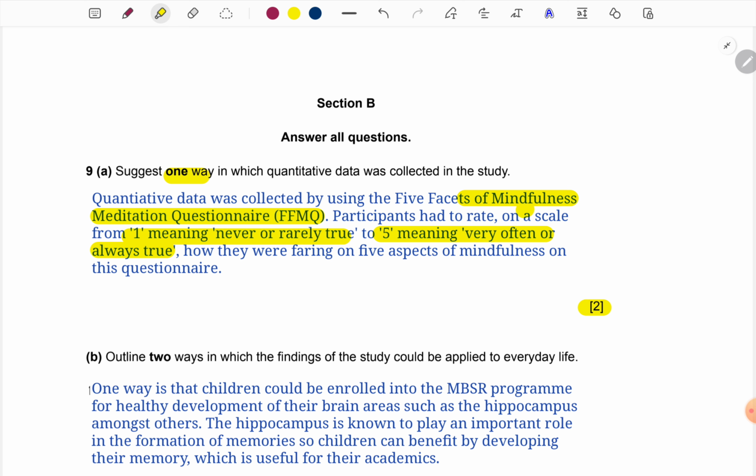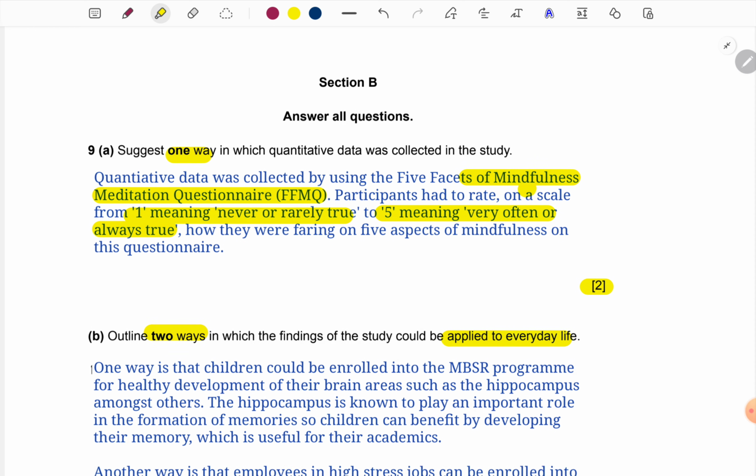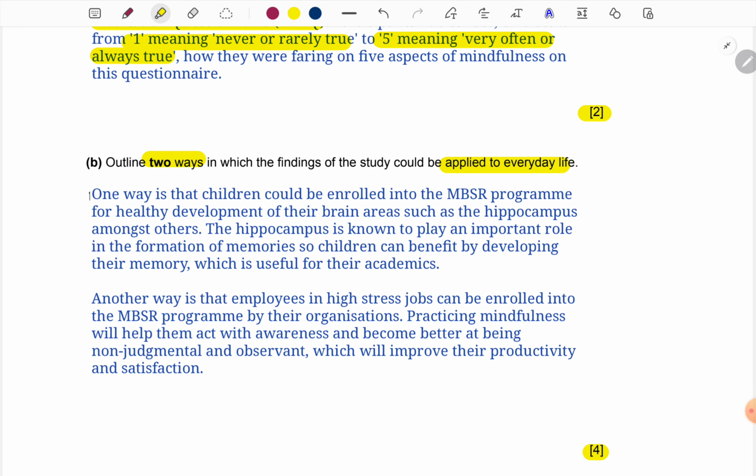Okay, next question is outline 2 ways in which findings of the study could be applied to everyday life. So again, issues and debates. Most students on this question will answer very briefly and end up getting 1 or 2 marks, although it's very easy to score. Why? Because they will just say it's useful for students, it's useful for employees. How is not specified at all.